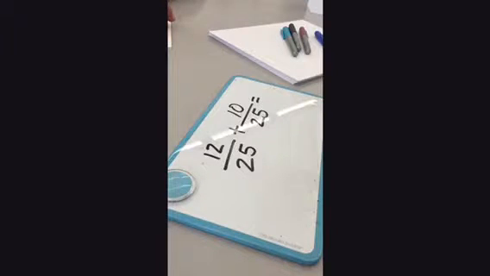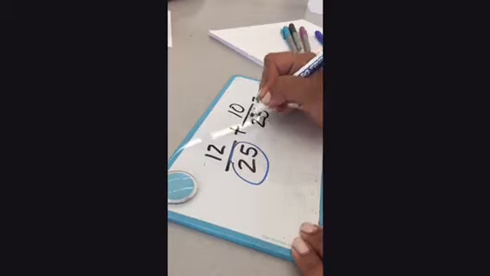Okay, I see. Whenever you're adding fractions, it's a bit different. The key about adding fractions is to always make sure that you have the same denominator. We remember that denominator is the number on the bottom.